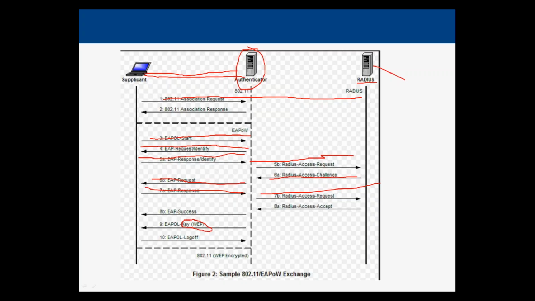Here they say WEP. We really wouldn't want to use WEP, but what this one's going to use is Enterprise WPA or WPA2, and it won't use WEP for the key. There's no communication except that the EAP traffic gets passed back and forth.